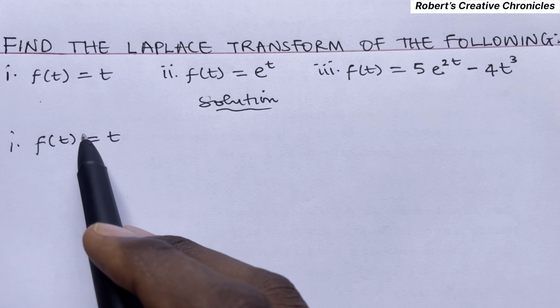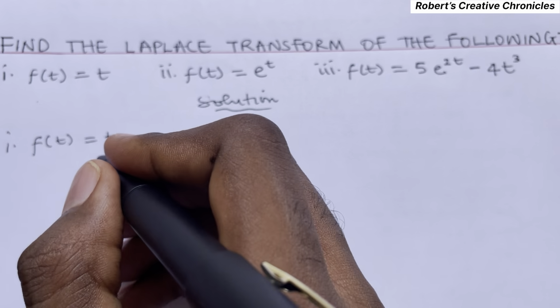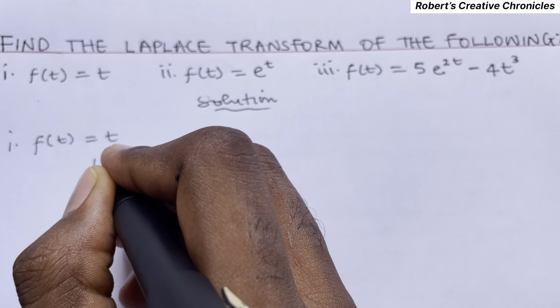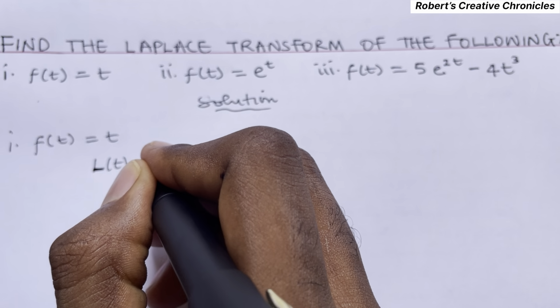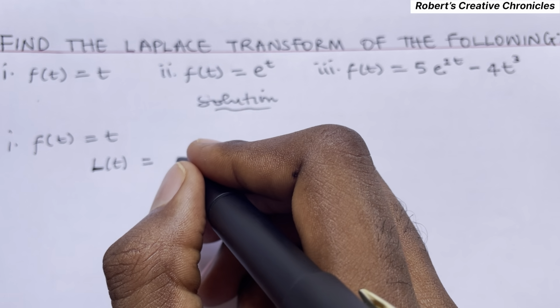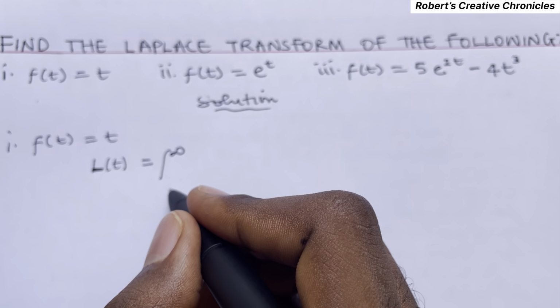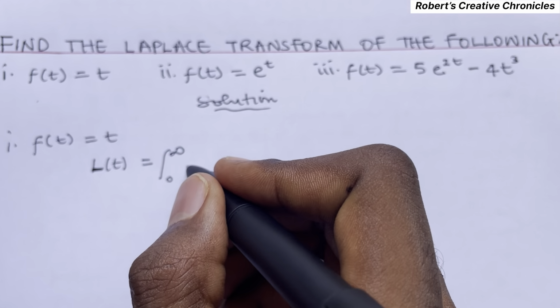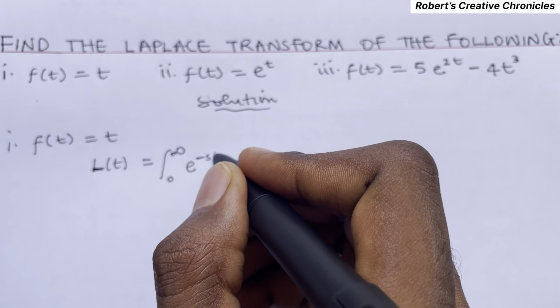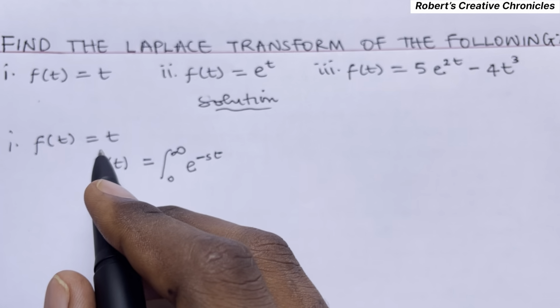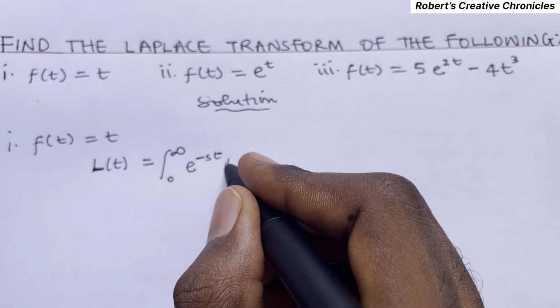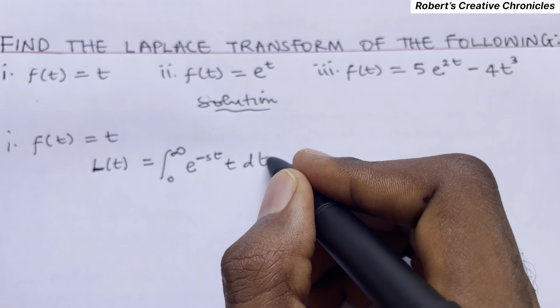So this one, let's use the first principle here. The Laplace transform, L of t, is given from the first principle by the integral from 0 to infinity of exponential negative st, then you write the function, t, then dt.